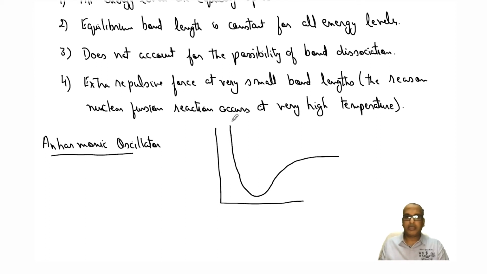Here is the extra repulsive force, because the energy is too high. So it does describe that. Now this particular state is the dissociation of a bond, when the bond is no longer there, right? Also, the difference is that at v equal to 0, v equal to 1, v equal to 2, the distance between two consecutive vibrational levels 0, 1, 2, 3 keeps on decreasing.